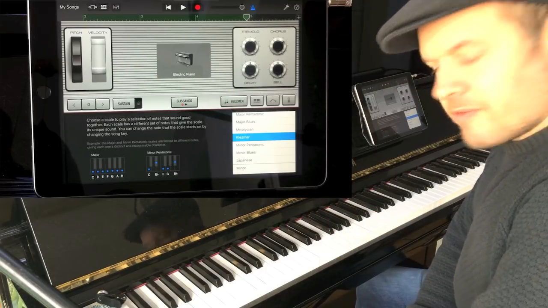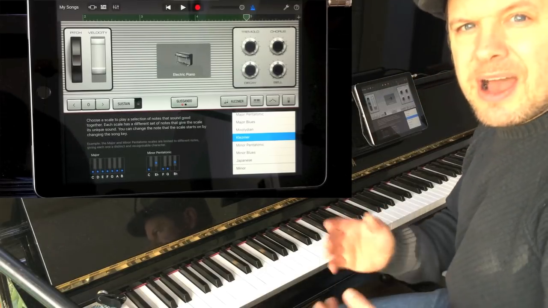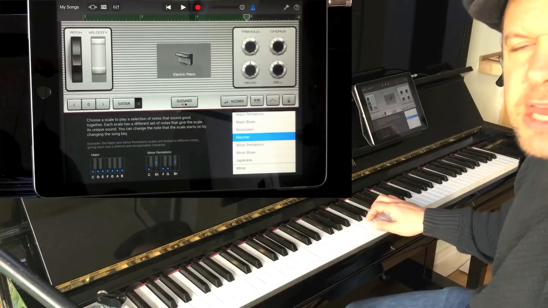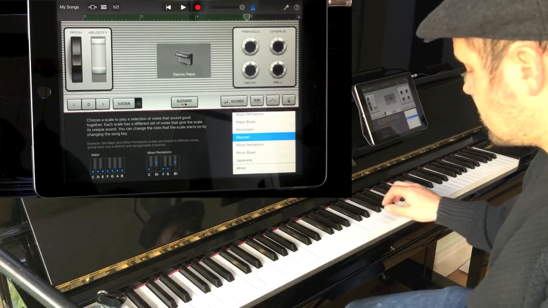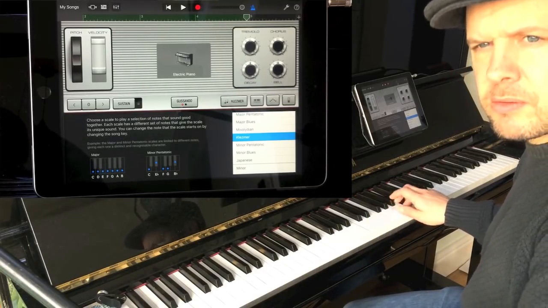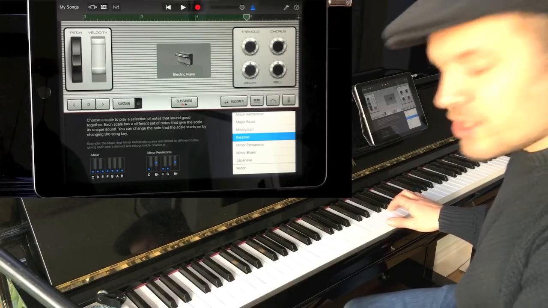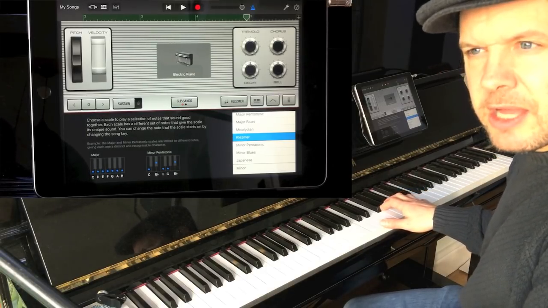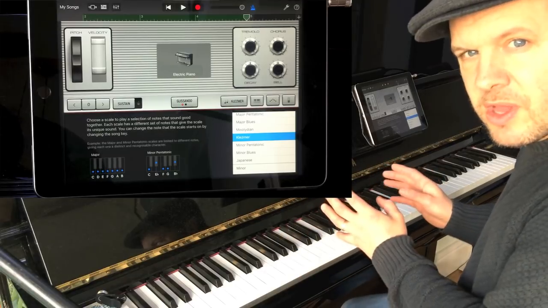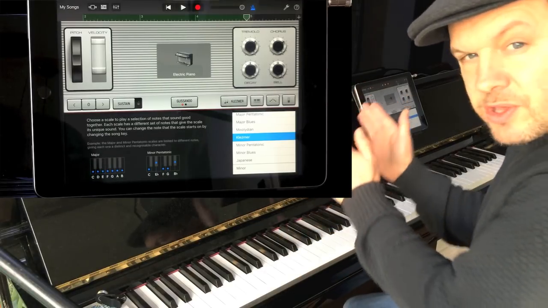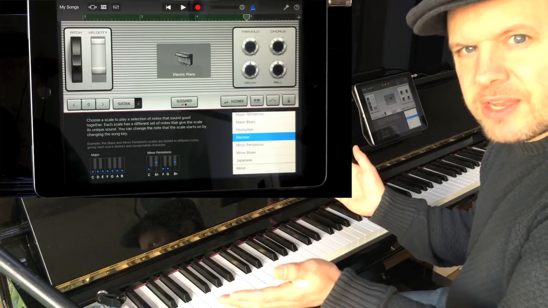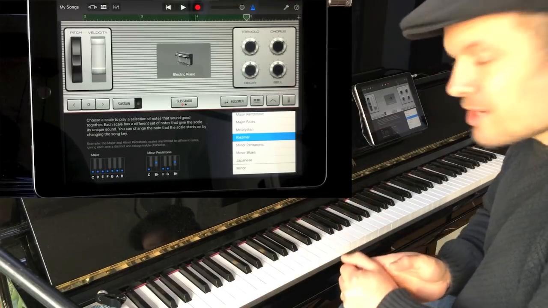It just starts in a different place. Now that is how the modes work as well. If we've got C major, the Dorian mode on D is basically the same scale, but because of where it starts, all of the notes are different distances from each other, and it gives it that different complexion.